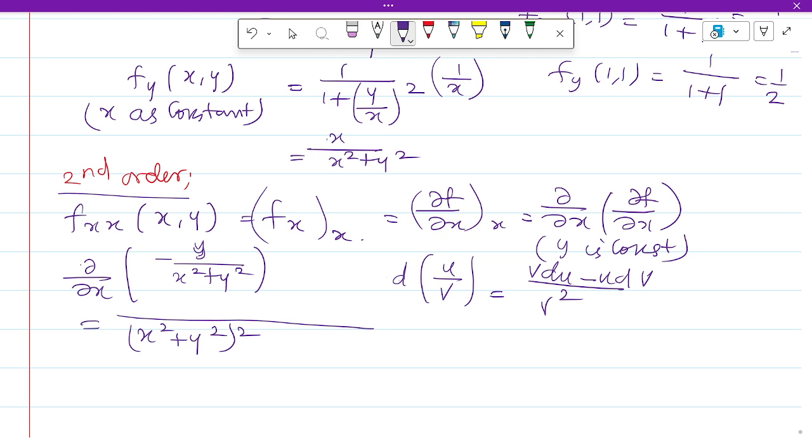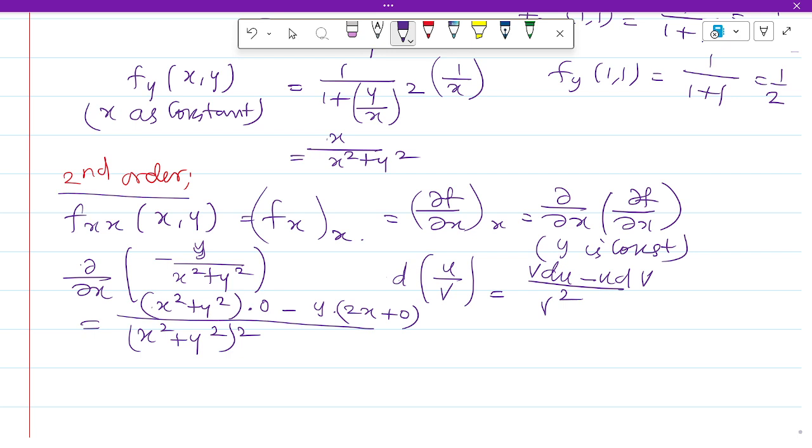First you have to square the denominator, v square, x square plus y square. Differentiation of y is 0 because y is constant, minus, keep y here, differentiation of x square plus y square. When you differentiate x square you will get 2x, and differentiation of y square is 0.